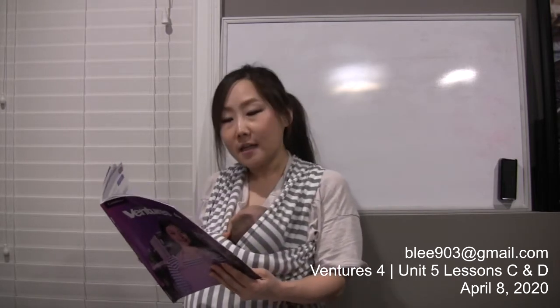This year, Sana volunteers at the homeless shelter. We use present tense when we are talking about just our routine. So, for example, it's more common to say, Sana volunteers at the homeless shelter once a week, or once a month, or 3 times a month.